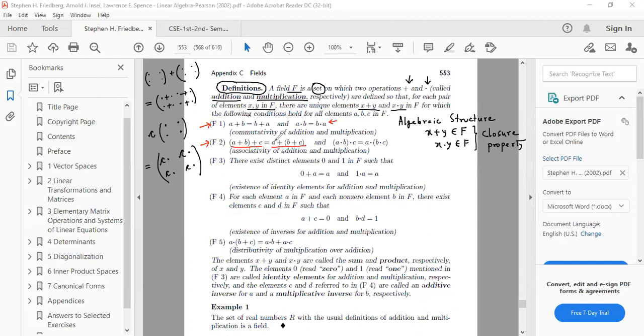This is called the associativity property of addition. And similarly, the associativity property of multiplication is also there. It's the second property that the field structure demands.